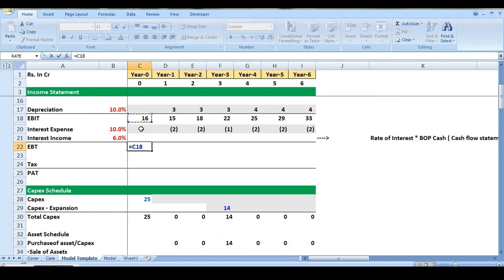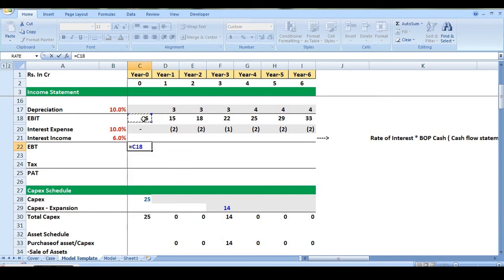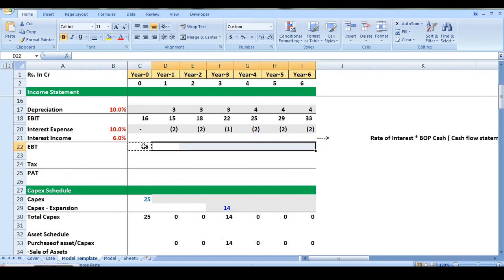So we will simply sum all the values: EBIT plus interest expenditure plus interest income is equal to EBT. We simply drag it. For the next 6 years we get EBT values.